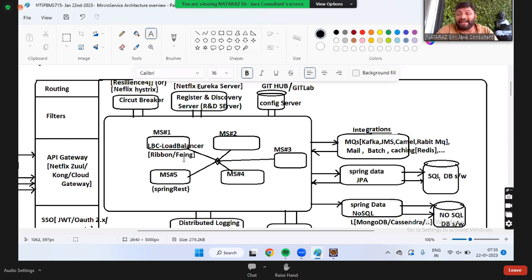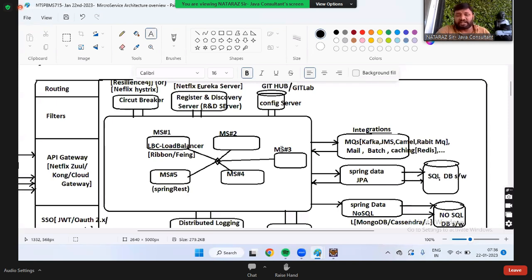We need to trace activities happening across the multiple microservices. So we need a distributed logging and tracing mechanism. In one microservice simple logging is okay. But I have to enable logging across the multiple microservices, because sometimes one microservice may take the support of another microservice in order to give the final result.